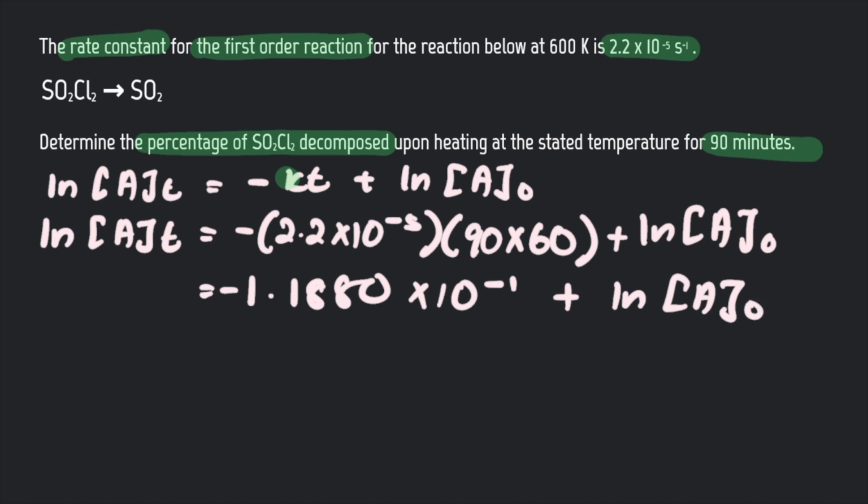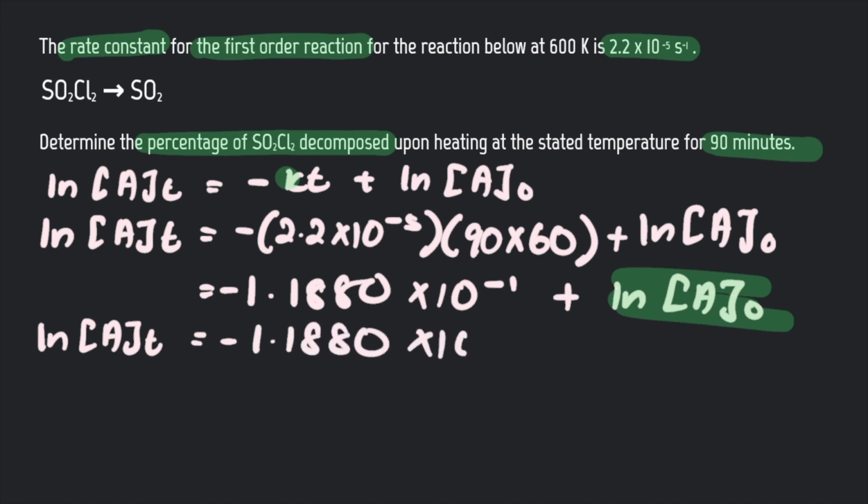Basically, we are going to assume that your A naught is equivalent to 1 because at first it will be 100%. So we substitute A naught here with 1. Therefore, since ln 1 is equivalent to 0, you will end up with ln At is equivalent to negative 1.1880 times 10 to the power of negative 1.